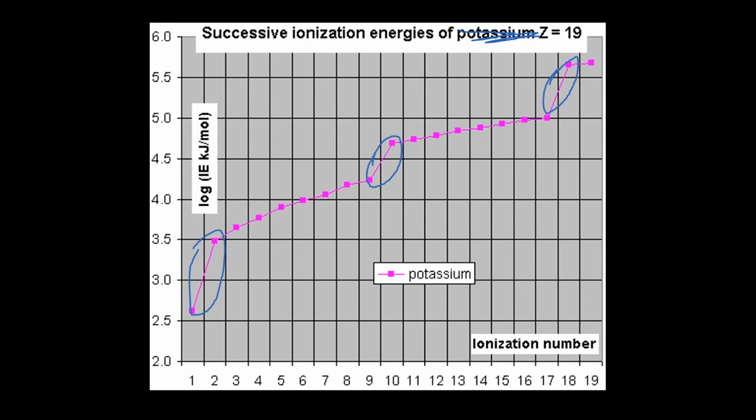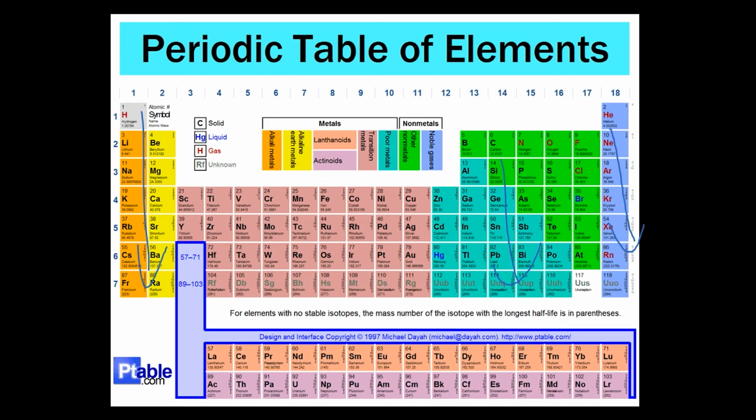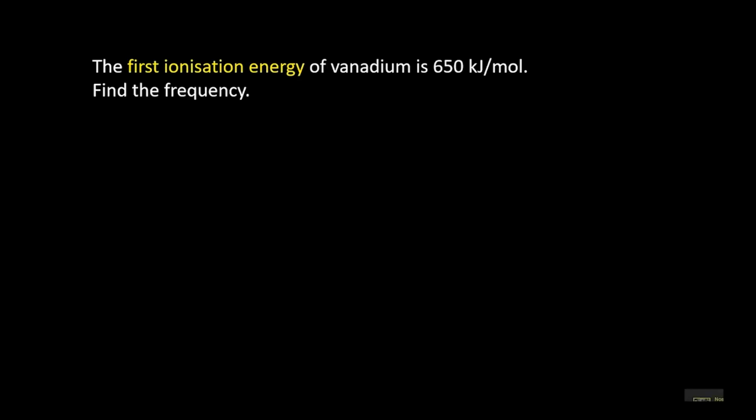And right about here you reach about helium, and then you need more energy to pull those electrons off. So this is the type of questions that you'll get for the E equals hν.